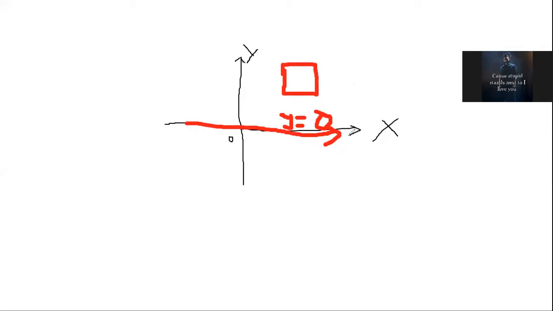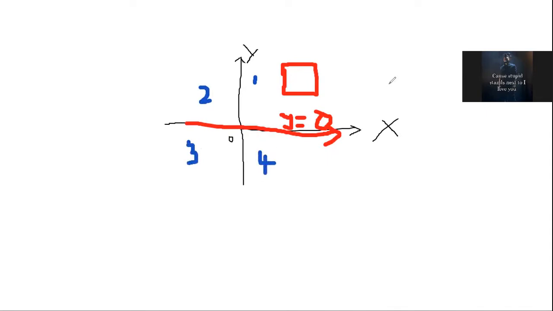Your y equal to 0, that's the red line there, is the mirror line. So let me label the regions here. I have region 1, region 2, region 3, and then I have region 4.